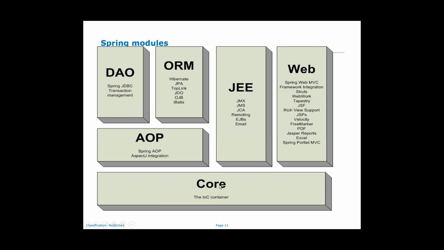The Spring container is pluggable, open for integration, and easy to modify. So that feature you don't get in Struts. There are many features you don't get in the Struts framework which you get in the Spring framework.